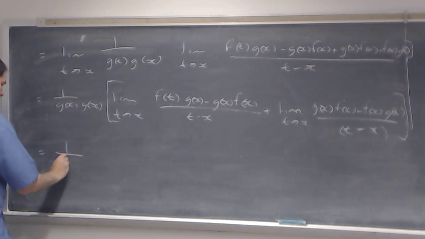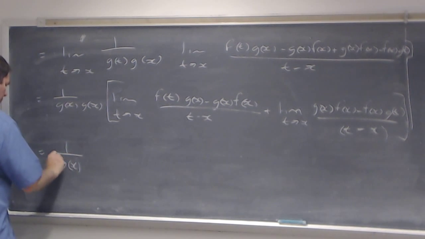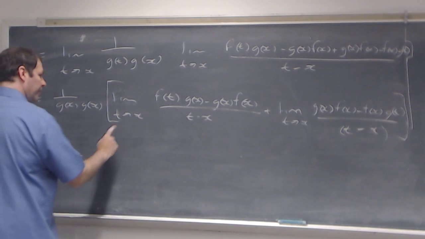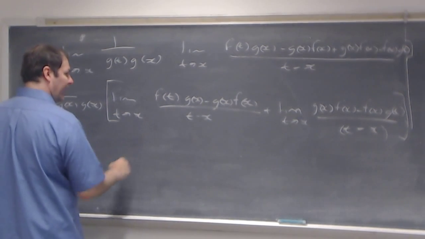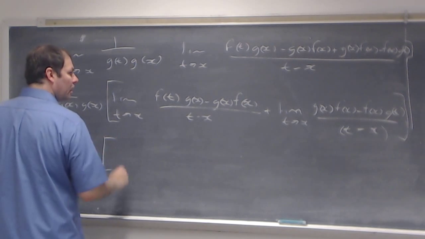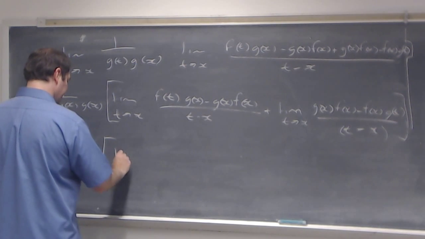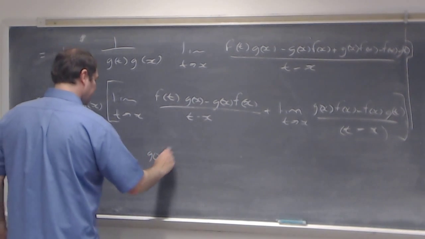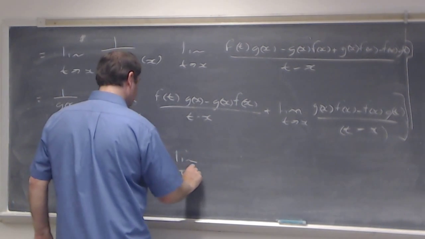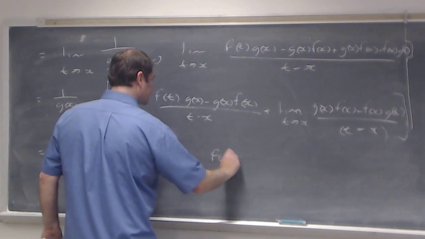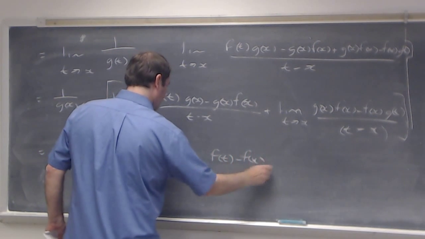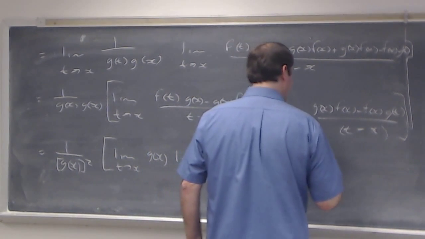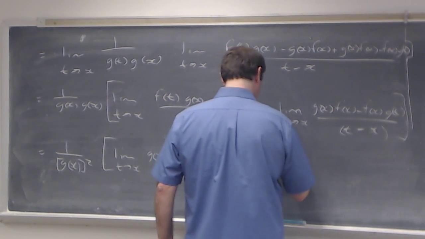This is 1 over g of x to be squared, which is good because that's what the bottom of the quotient rule again is. And then here we can pull out, I believe, a g of x: the limit as t goes to x of g of x times the limit as t goes to x of what I'll be left with, f of t minus f of x all over t minus x. Plus, what I'm going to pull out here is a minus f of x.